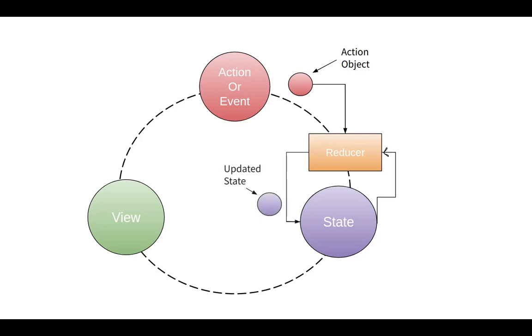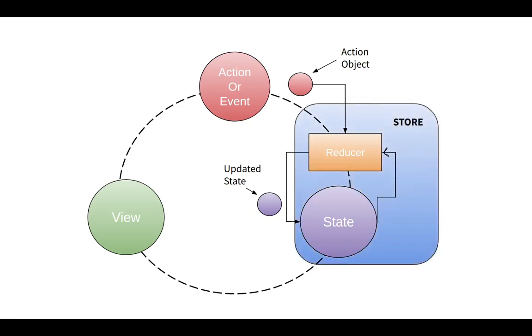Now, based on the previous state value and action type, Redux calculates a new value for the state and updates it. All of this happens inside the Redux store. You can understand it as a centralized database for state management. Then when the view gets the new state, it re-renders the UI.